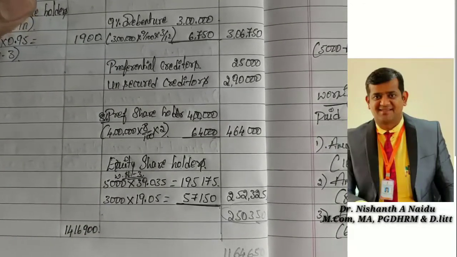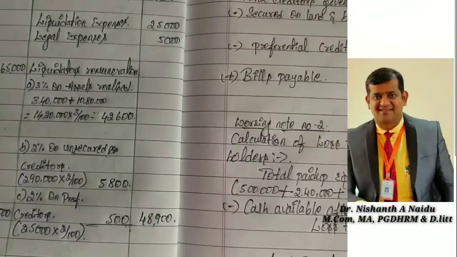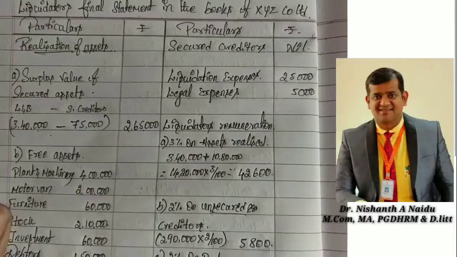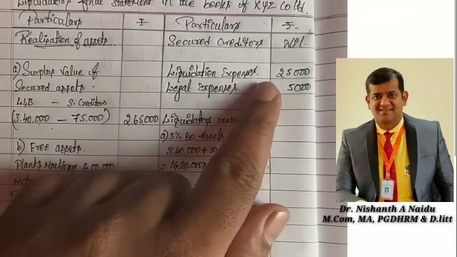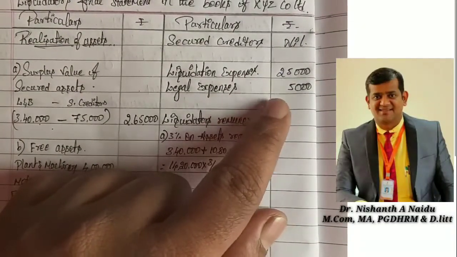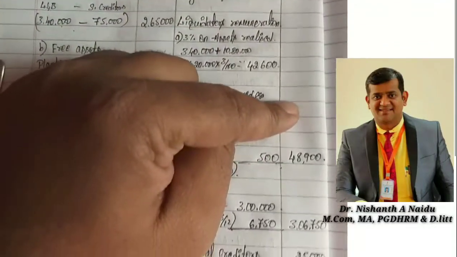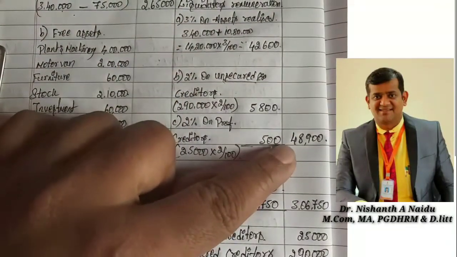Okay. So again now I'm coming to the payment part for the total. First is nil, second one is 25,000 plus 5,000. Then we have 48,900.